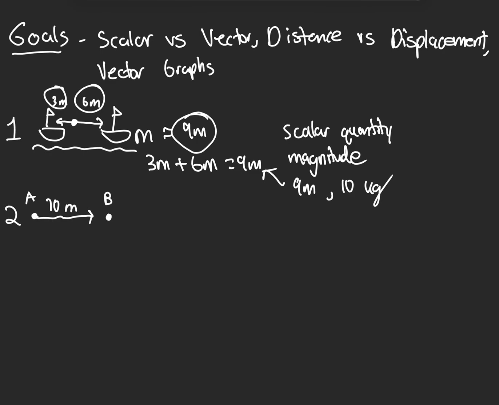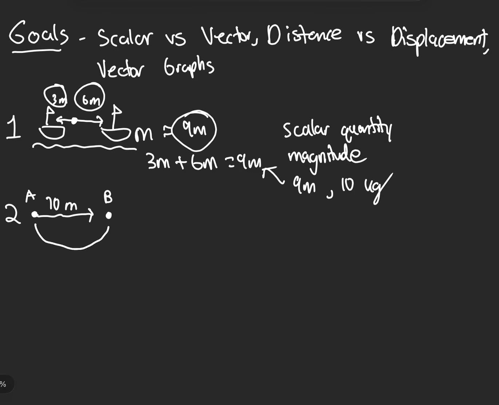Okay? So for number 2, how would you get from point A to point B? Now we're going from the left to the right, right? So basically, we're moving to the east. So it would be 10 meters to the east. Okay. Now this is called a vector.